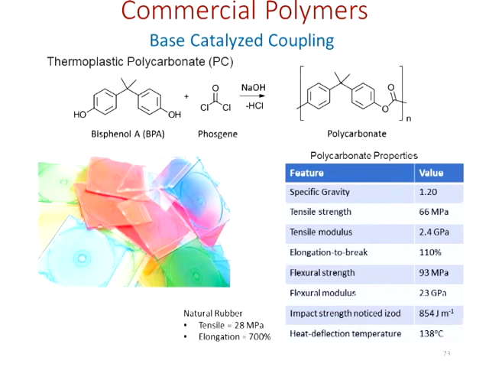And just take a quick look at the properties of the polycarbonate that makes it particularly useful. Again, its tensile strength is pretty good. If you compare that tensile strength with that of natural rubber, as we show you in the two bullet points in this slide, it compares really well. It's a pretty tough material. The tensile modulus is 2.4. Elongation is only 110%.